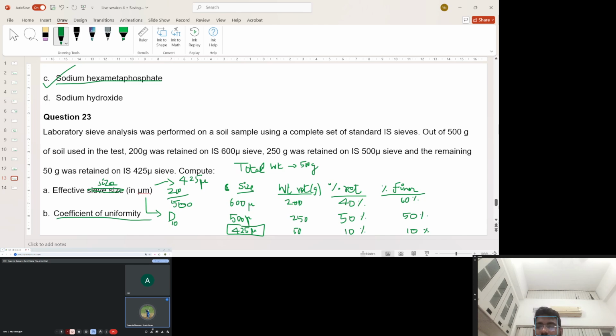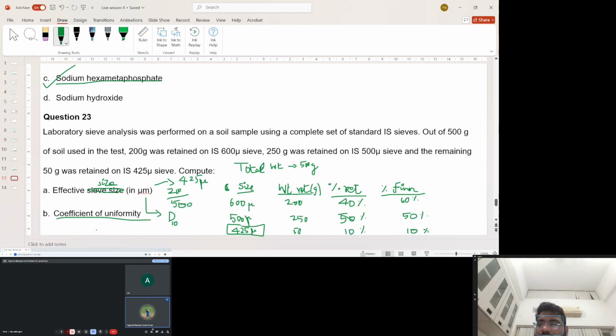A student points out that the cumulative percentage retained has not been made, which would come to 90 here, and so the percentage finer will change. The percentage retained is correct, but the percentage finer has a small error, since the cumulative percentage retained is required in between.